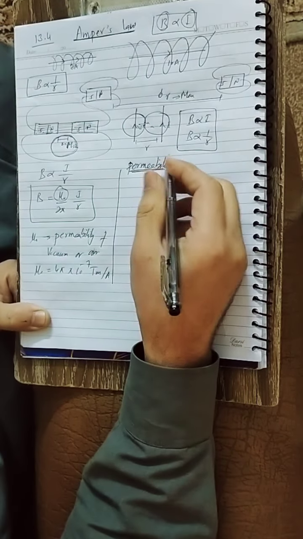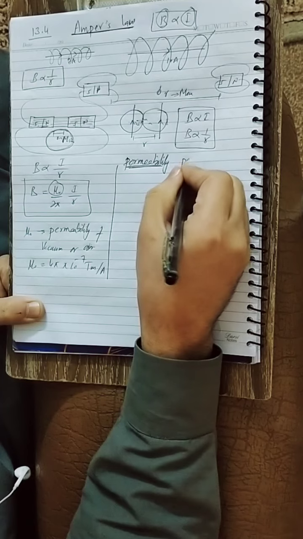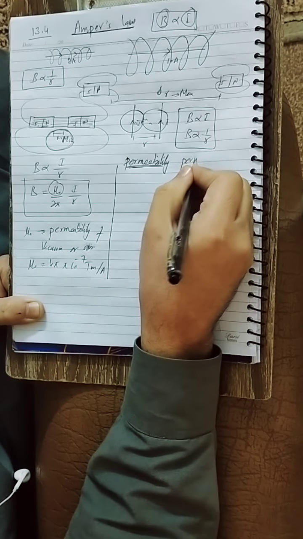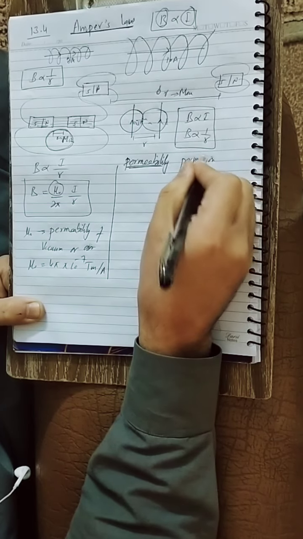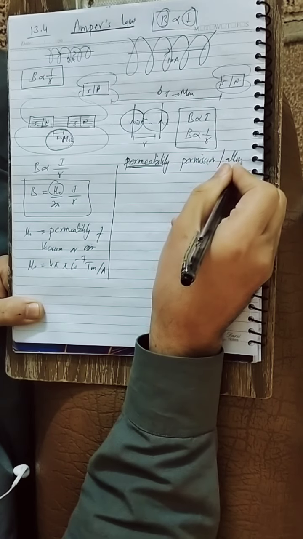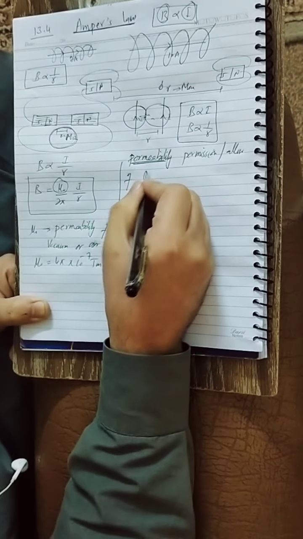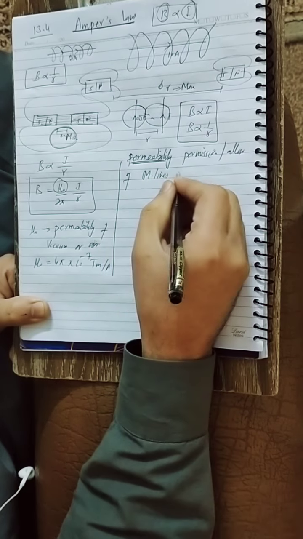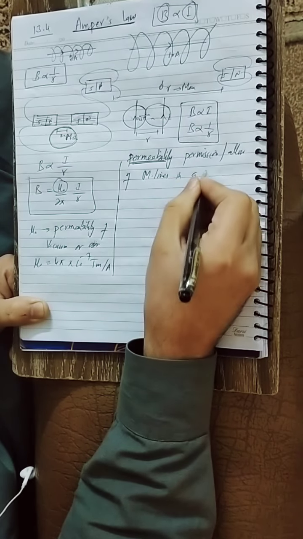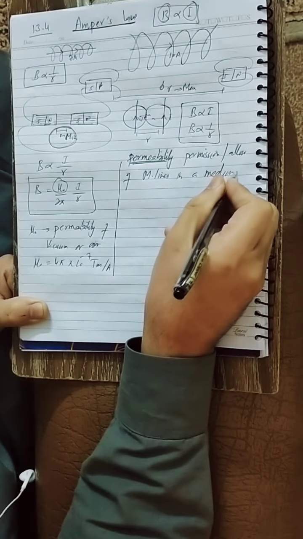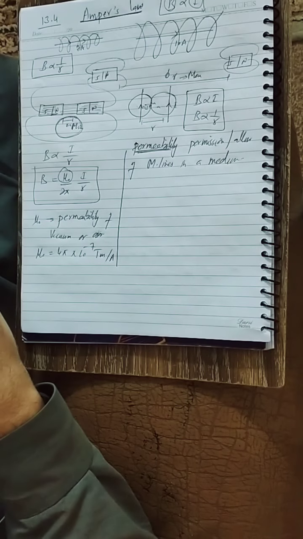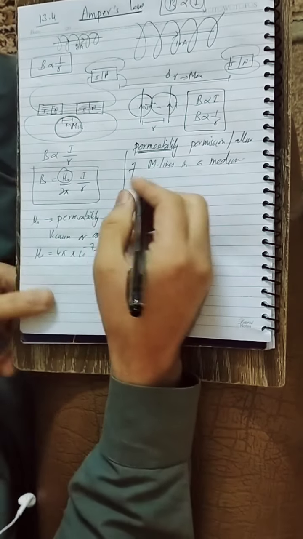So the permeability means permission, allowedness of magnetic lines in a medium. Permission or allowedness of magnetic lines in a medium. What does it mean?